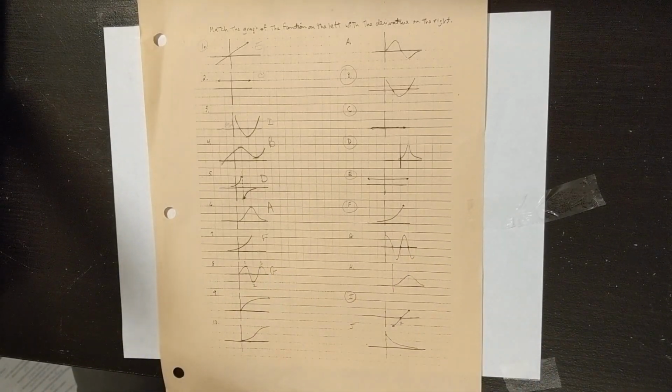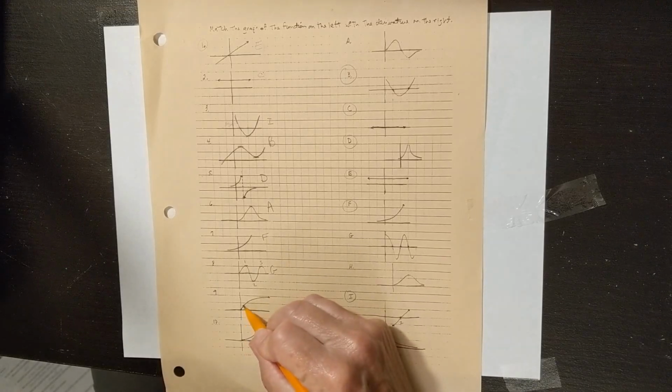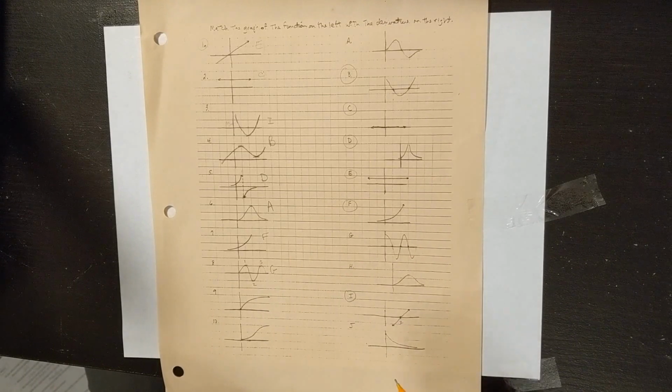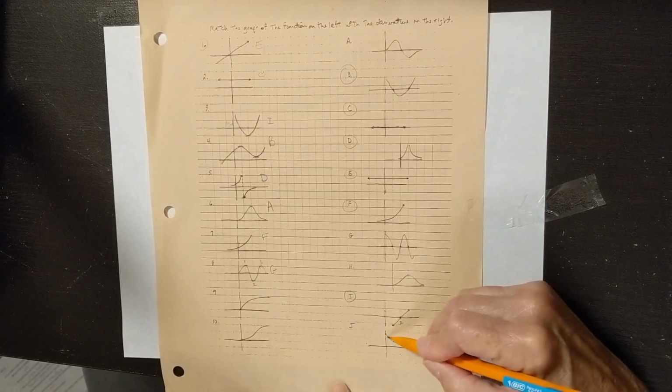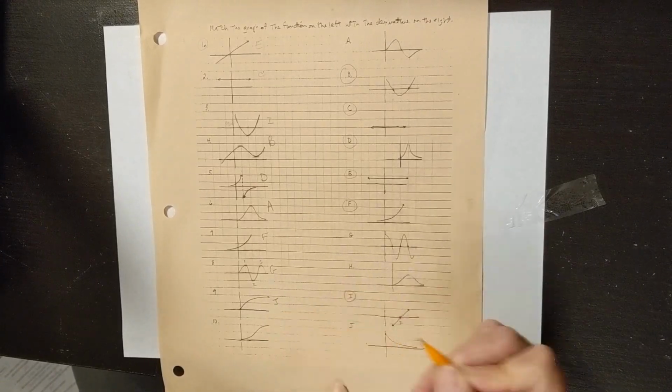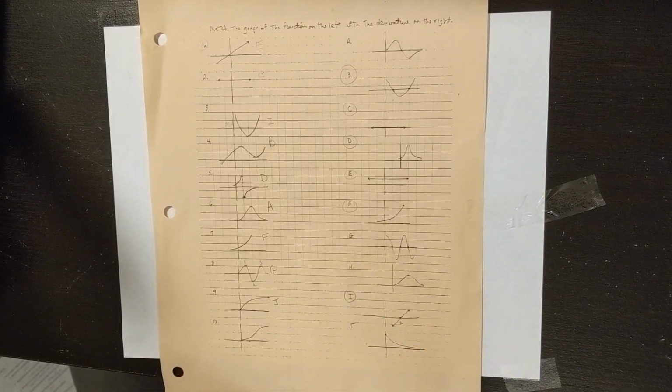Let's look at 9. The slope is positive, and then it gets close to 0. Okay? It's positive, and then it gets close to 0. That's going to be J. Remember, keep in mind, you're always looking at the slopes. You could just match the last one just by looking, but let's make sure it agrees.